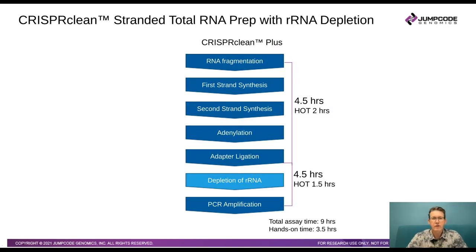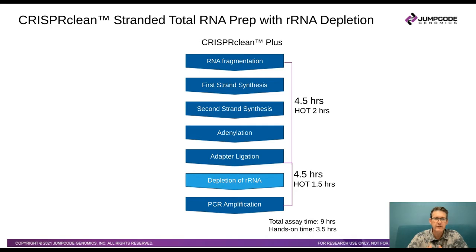And so here's the workflow for that bundled solution. It will be the CRISPR-Clean stranded total RNA prep with ribosomal depletion, or CRISPR-Clean Plus in the case of metagenomics or universal infectious disease detection, where we're putting the depletion of the ribosomal RNA instead of after the library process. We're actually depleting fragments that originated from ribosomal RNA between the adapter ligation and final PCR amplification.